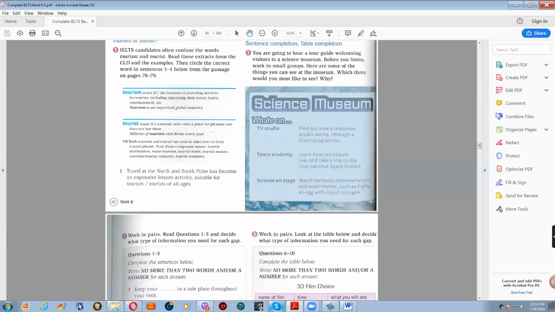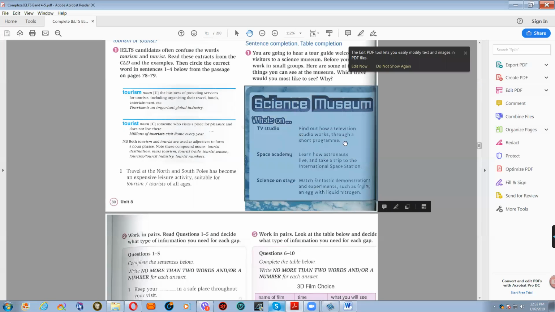So, TV studio, find out how a TV studio works. The Space Academy, how astronauts live and take a trip through the space station. Science on stage, watch fantastic demonstrations and experiments such as frying an egg with liquid nitrogen. So, which one would you like to see?